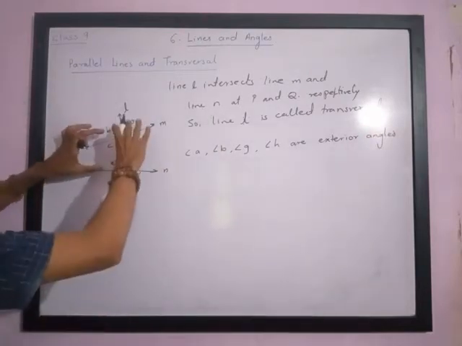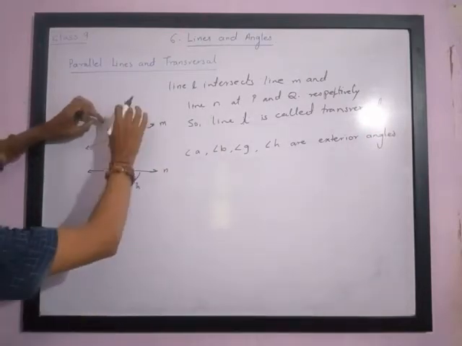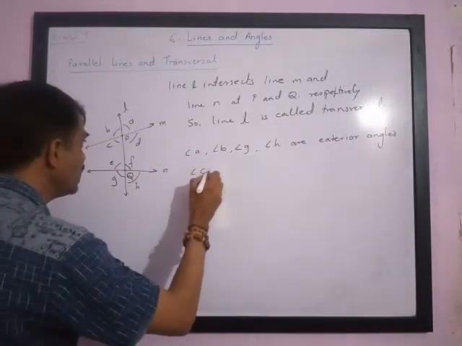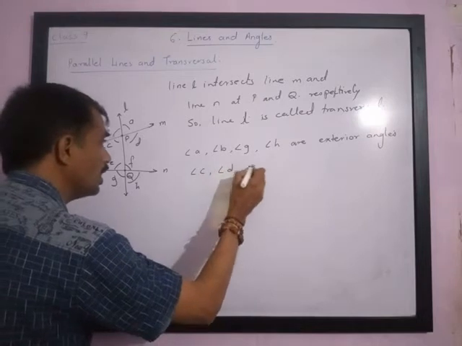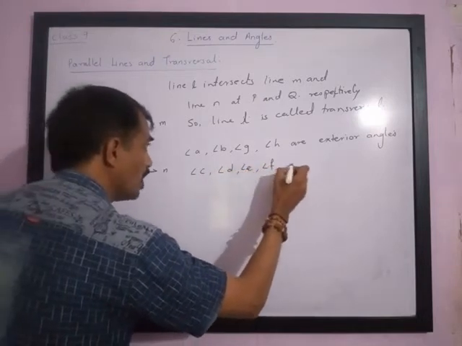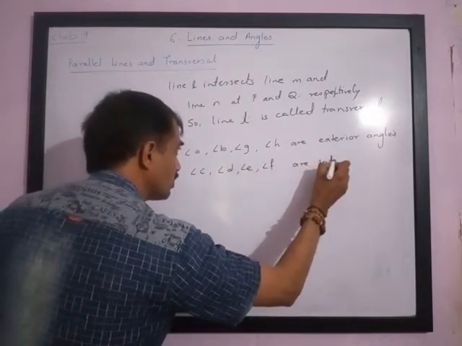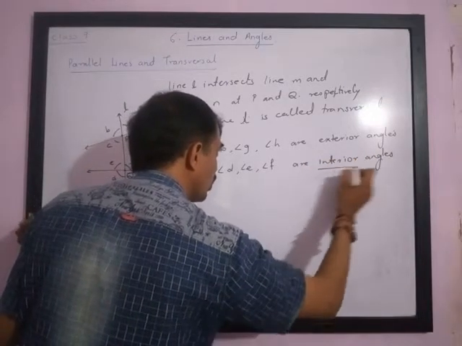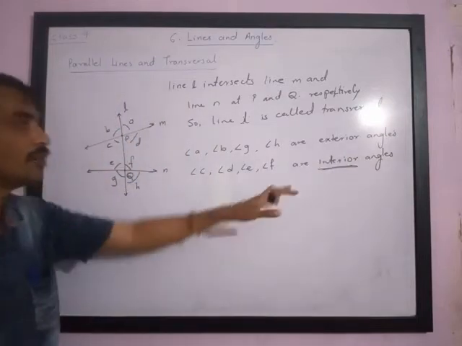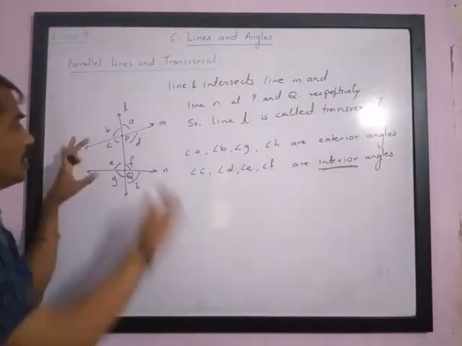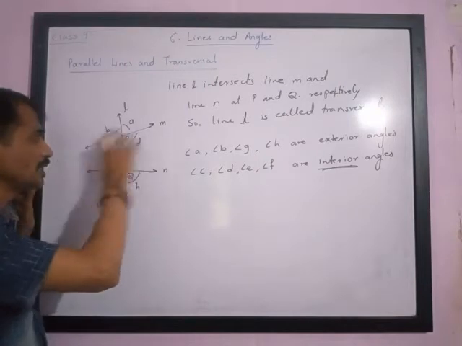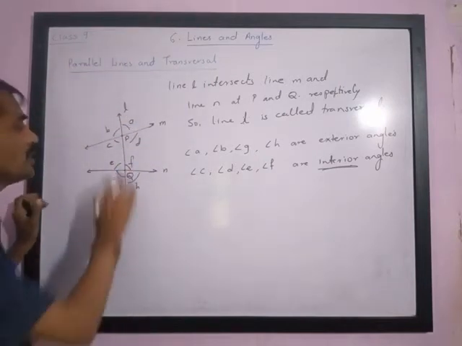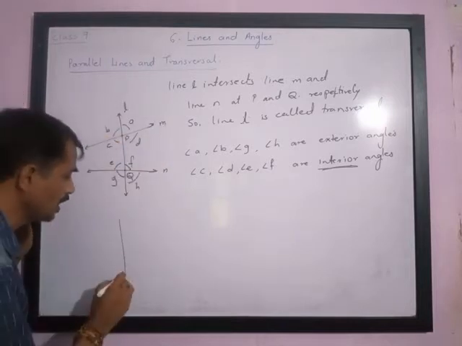And the angles which are on the inside, understand this is a transversal, and angles inside this, angle C, angle D, angle E, angle F, are interior angles. We are going to understand this interior angle, the name will again be changed. But for the time being, understand this: which are inside are called interior and which are outside are exterior.